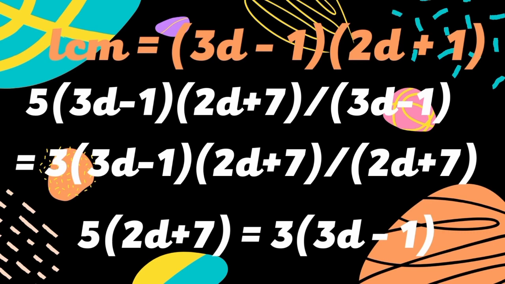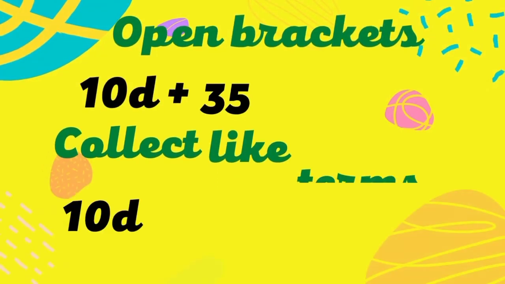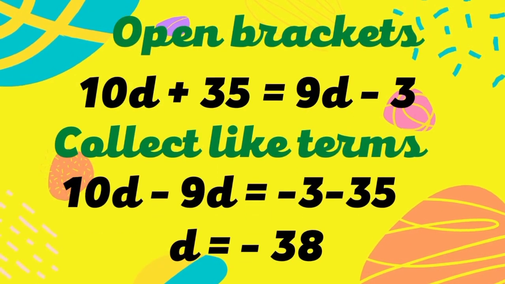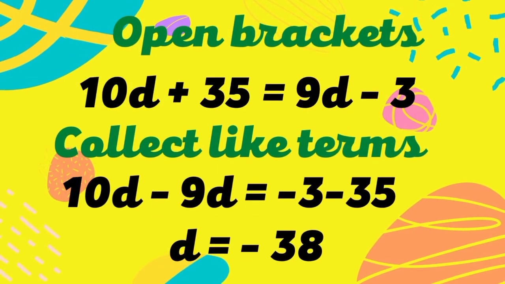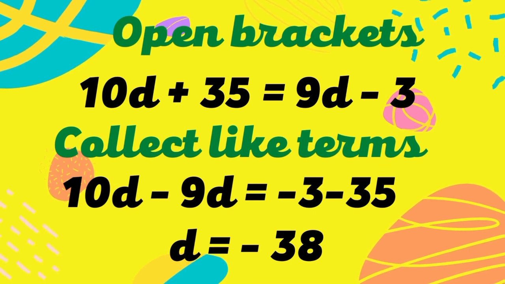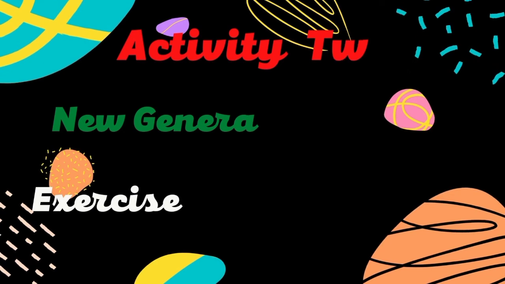When we open our brackets, we have 5 times 2d, we have 10d plus 35 is equal to 9d minus 3. Now we collect like terms. That gives us 10d minus 9d is equal to minus 3 minus 35, which will give us d is equal to minus 38.